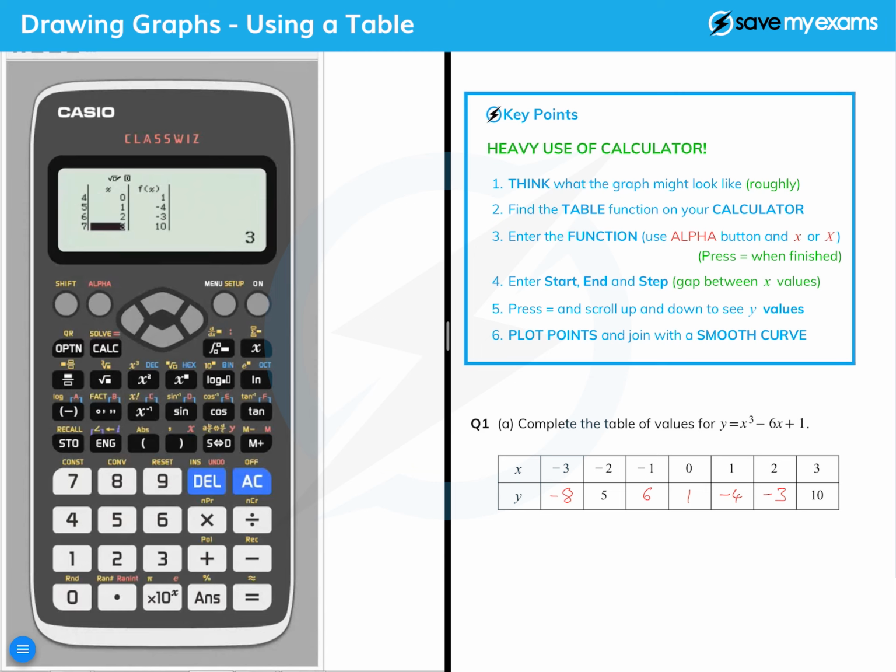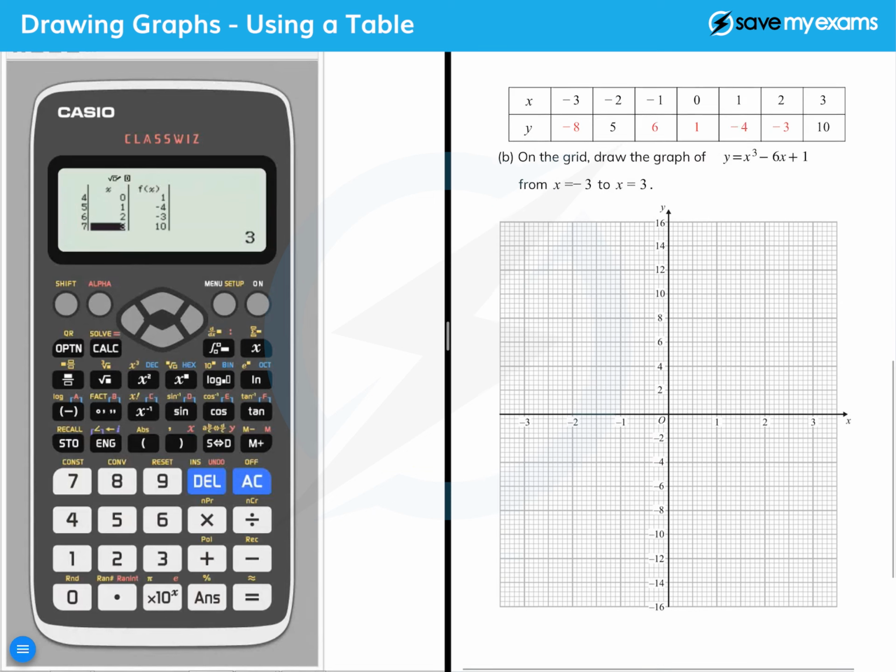Now usually, well in fact always in these questions, you're then asked to draw the graph. So let's scroll up and see how to draw the graph. Okay, I've recreated the table there. The red ones are the ones we've just found, the black ones are the ones we've just been given, and we now simply plot those values on the graph.